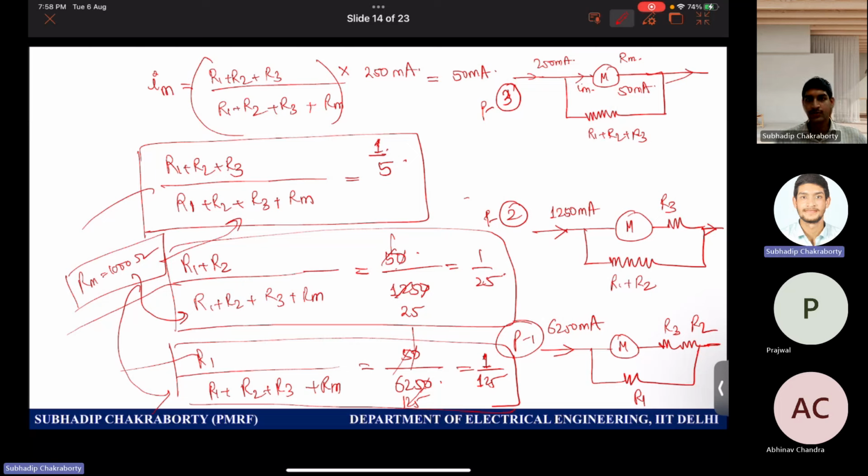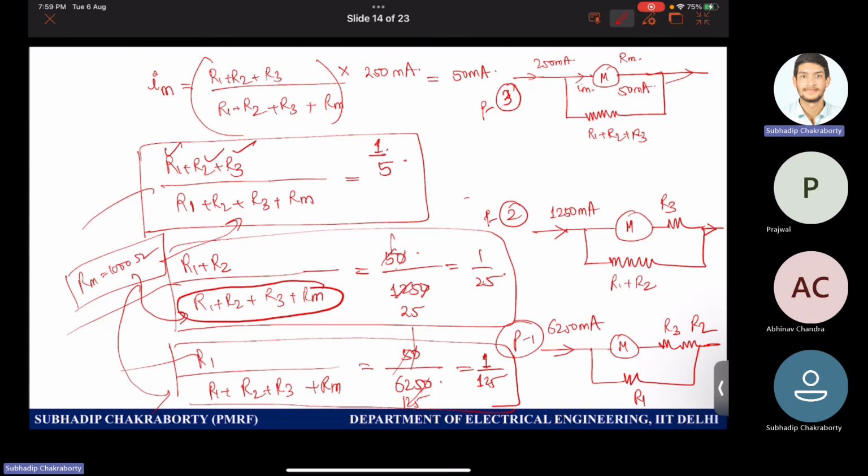You want to do this, because in the exam also maybe these types of problems can come. So just solve this simultaneous equation. It will be one line, okay? So what you can do, you can just put in this value R1 plus R2 plus R3 plus Rm and put it in the other equation and try to solve, okay? So solve and let me know what are the values of R1, R2 and R3. What are you getting?